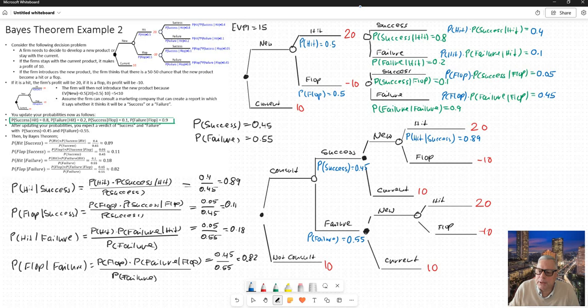And the probability of flop given that they tell us it will be a success was 0.11. Again, after each chance node, the probabilities need to be equal to 1.